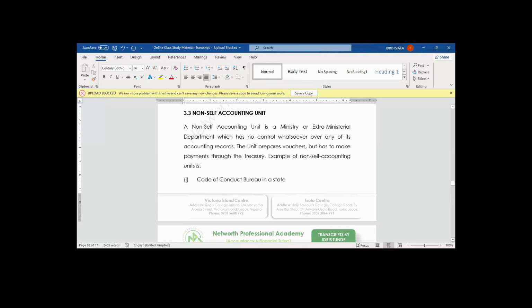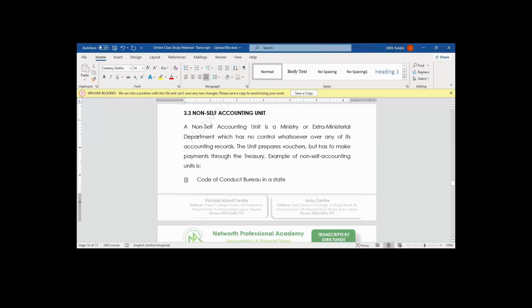Non-self-accounting units. They are units that don't have control over their expenditure and revenue. It means they don't have an accounting department.